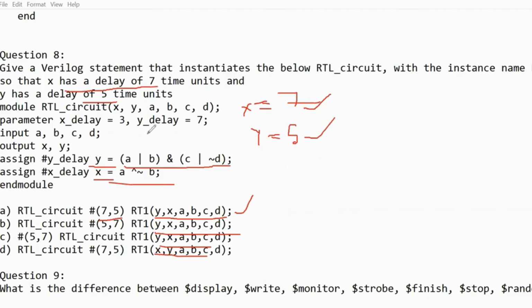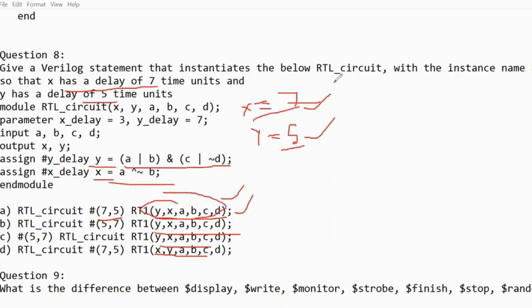First instantiating with the name RTL circuit, ma'am. And then giving the delays X and Y, as mentioned in the parameters for the RTL circuit. Yes, so correct, 7, 5 RT1. Okay, good. So maybe you think A is correct, because X is 7, Y equal to 5.